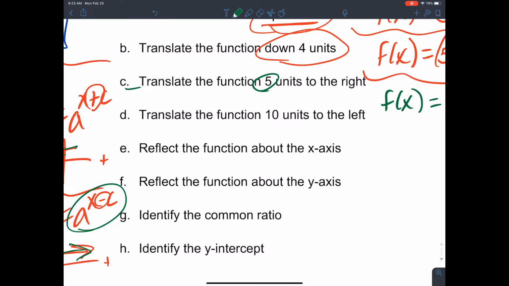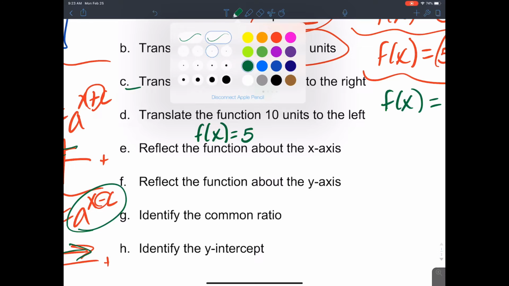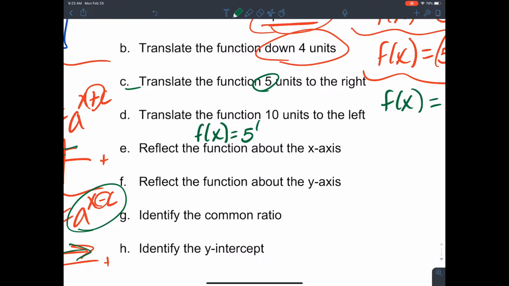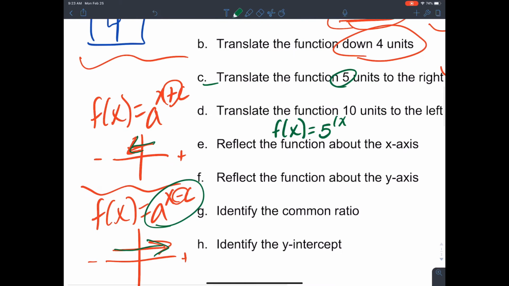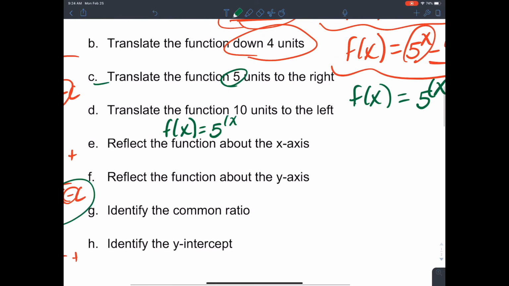Translate the function 10 units to the left. F of x equals our function 5, parentheses, x, let me see, to the left was this way. And that was plus, right? Yep. So we do plus 10.